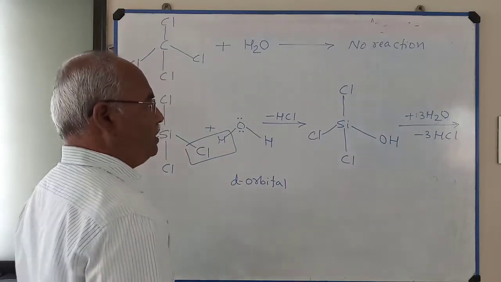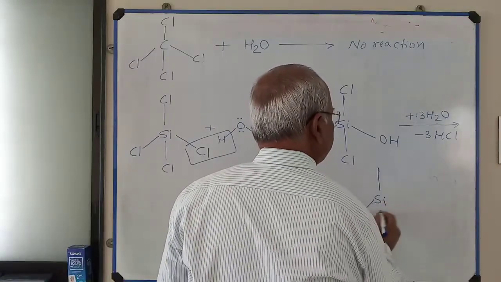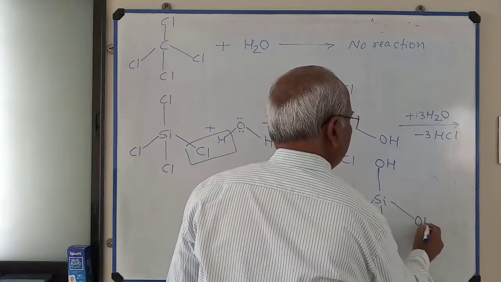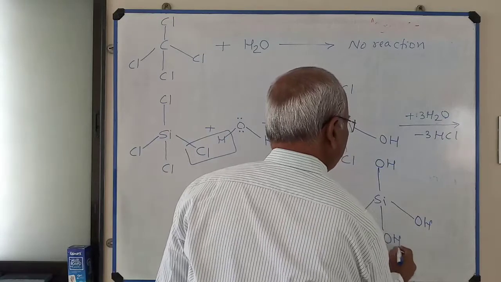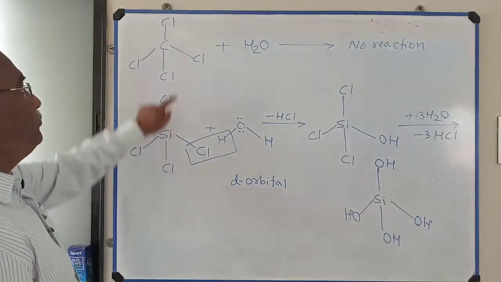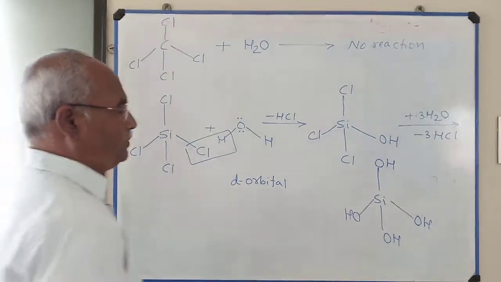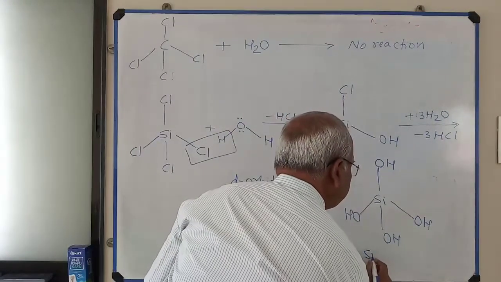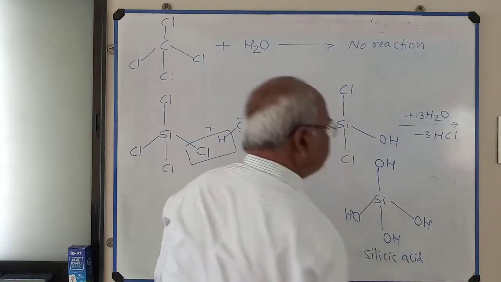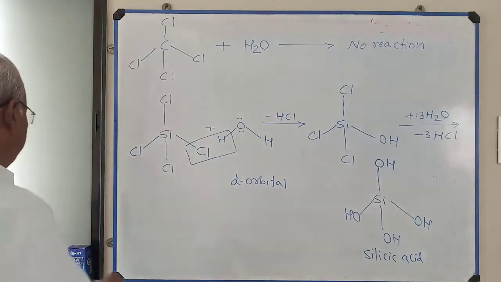Hydrolysis takes place and this product is formed, with four OH groups. This type of reaction is not possible in case of carbon. This is silicic acid. So this is about reactivity towards halogen.